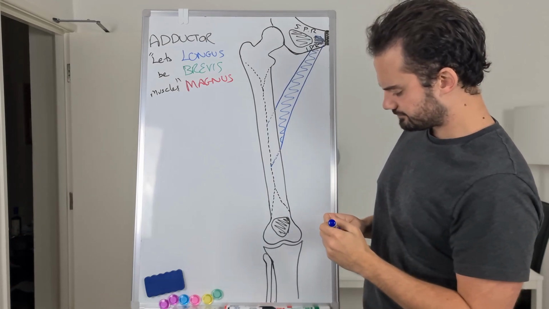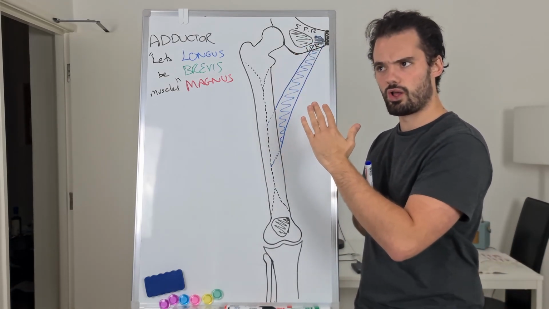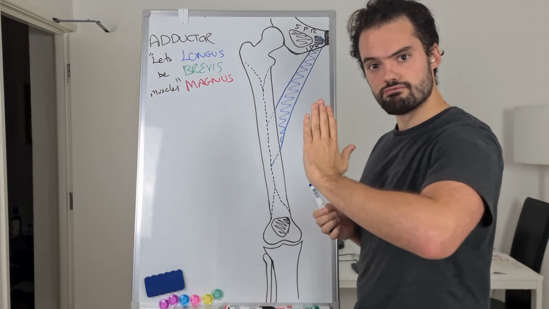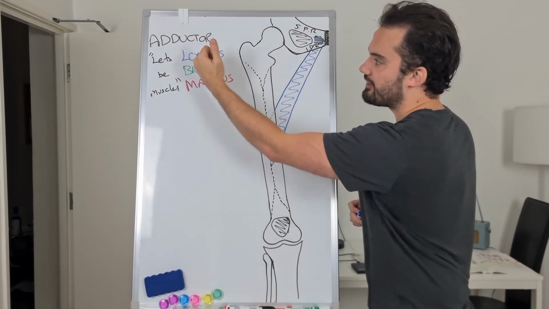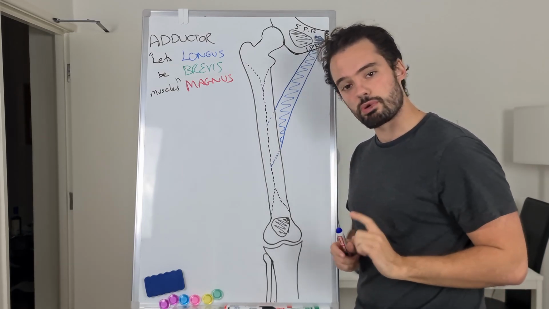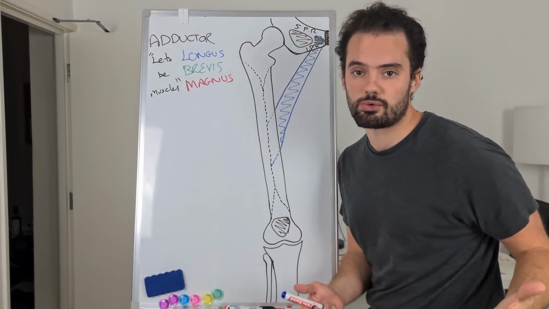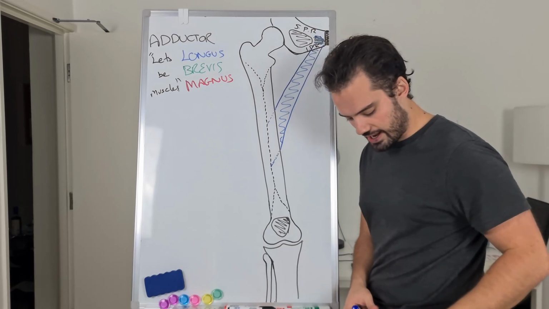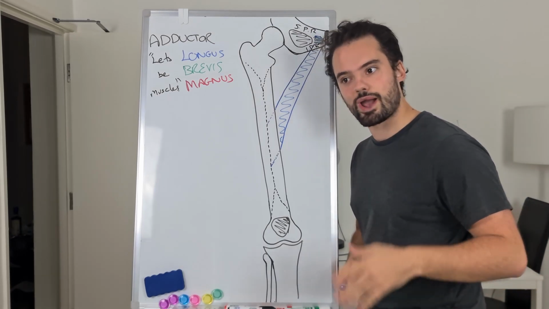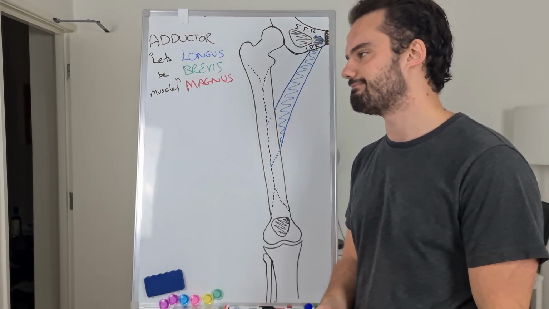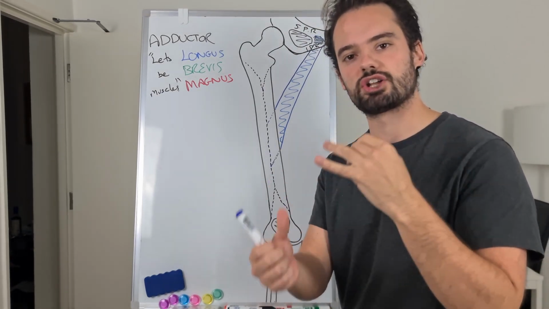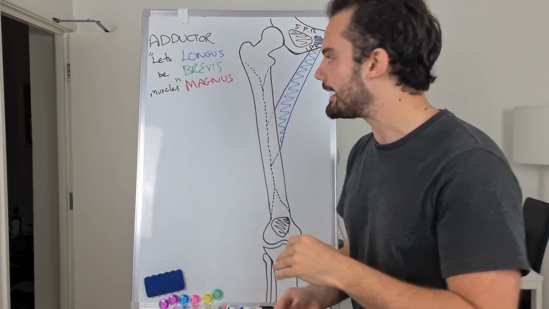Like I said, this is one of the more anterior muscles of the medial compartment of the thigh. Fun fact: adductor longus contributes to something called the femoral triangle, depending on whether you've learned about that or not. Your femoral triangle is right in the groin, and it's where you look for all of your big femoral vessels: femoral artery, femoral vein, femoral nerve.